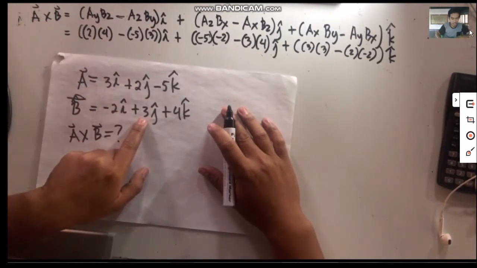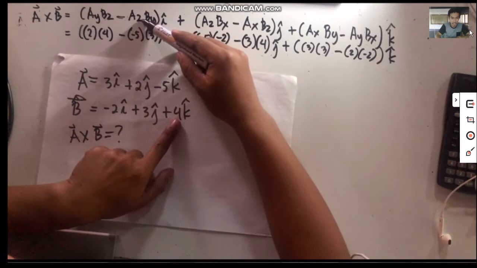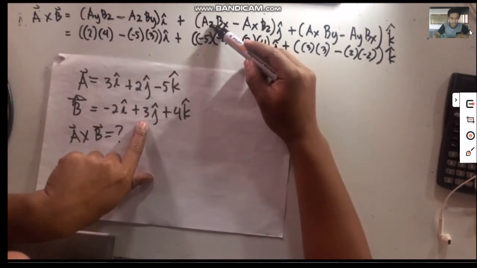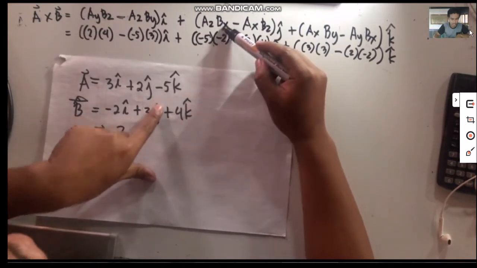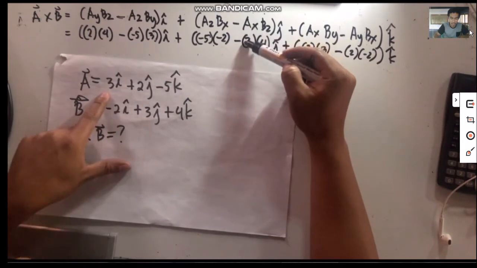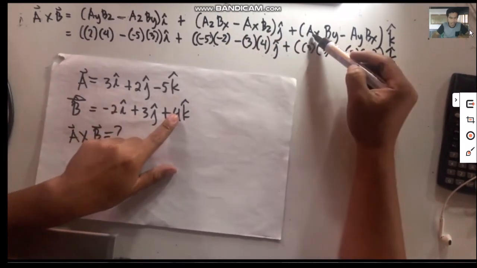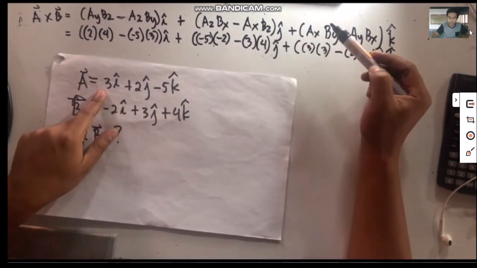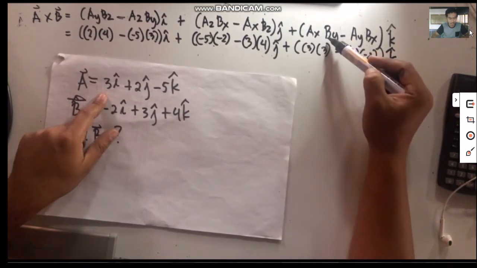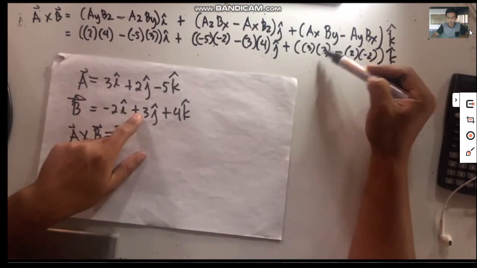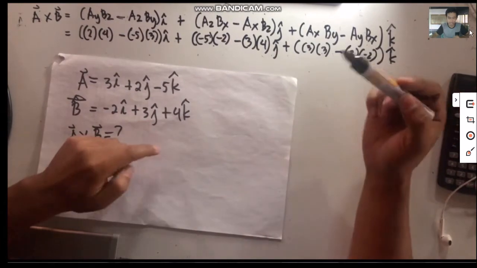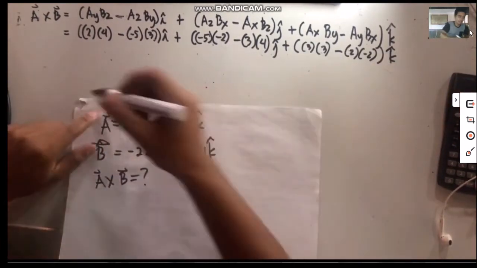So double check. Ay is 2, bz is 4, az is negative 5, by is 3, az is negative 5, bx is negative 2, ax is 3, bz is 4, ax is 3, yeah, then by is 3, ay is 2, then bx is negative 2. Okay, let's compute.